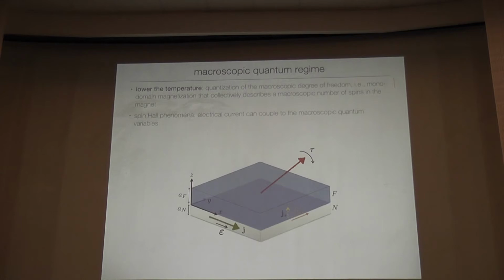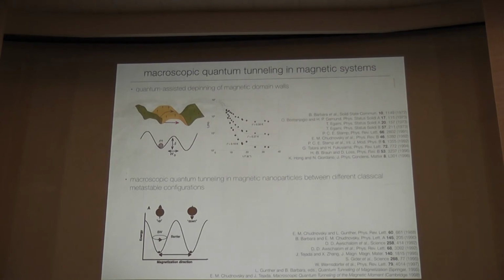And the particular device... the macroscopic quantum tunneling in magnets, actually, I should say, has been studied a lot. This is not a new concept. It's been studied starting in the 70s, 80s and 90s. There's a lot of work done in trying to see manifestations of macroscopic quantum phenomena in magnets.